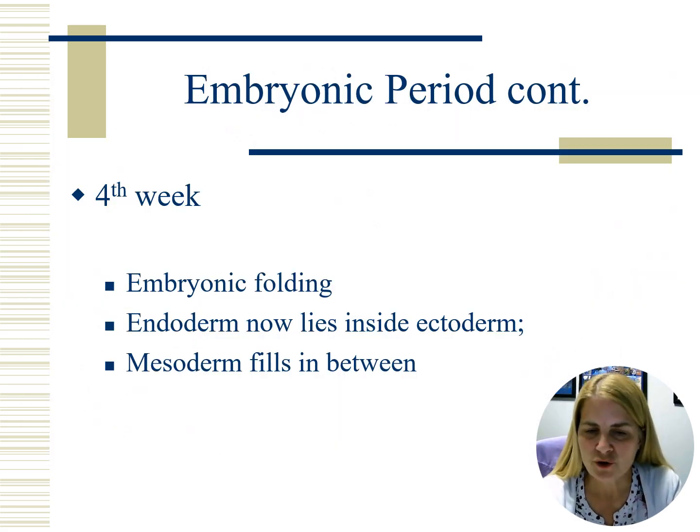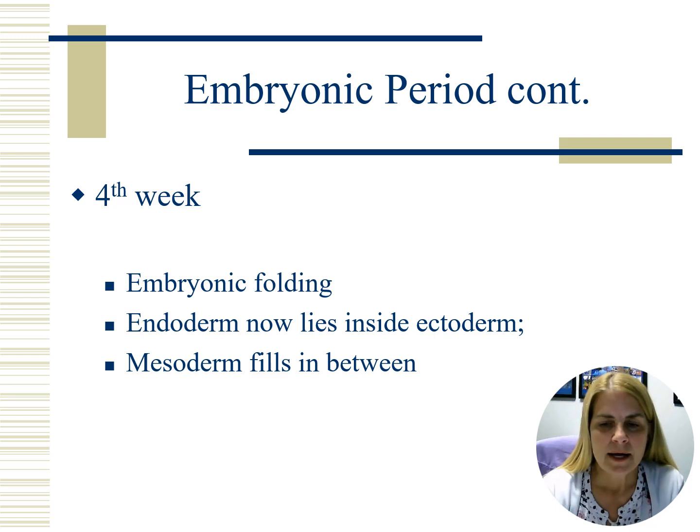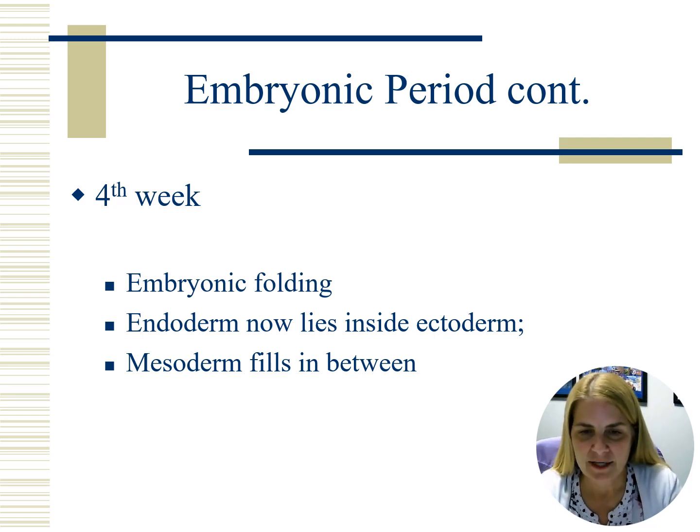We've got the endoderm that's now inside the ectoderm. Remember, the endoderm is going to be the lining of the respiratory epithelium and the digestive tract, and the ectoderm is going to be the outside things like the epidermis of the skin, the tooth enamel, and the nervous system.